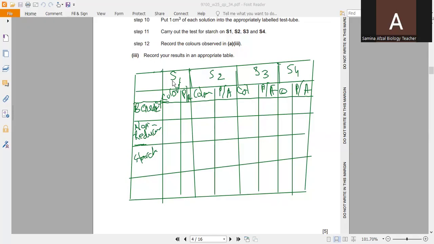So in this way, the color which will be observed, you will write down the color over here. If the color is from green to brick red, then you will take it in this way. If it is blue, then you will cross for all these solutions. So in this way, you can find out which solution has reducing sugar, which has non-reducing sugar, and which has starch. You will represent this when you are conducting your experiment in the lab at the time of examination.